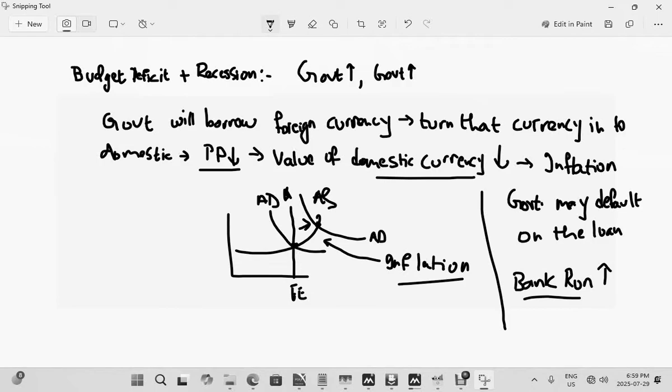Now, you might have a bank run where international investors start withdrawing their money in advance, looking at the economic situation and the stock markets. As the international investors start withdrawing their money, it will increase the impact of the recession. So the recession will become a depression. So recession changes into depression.